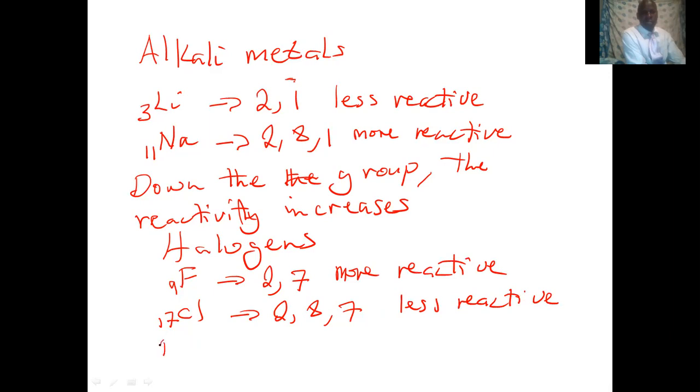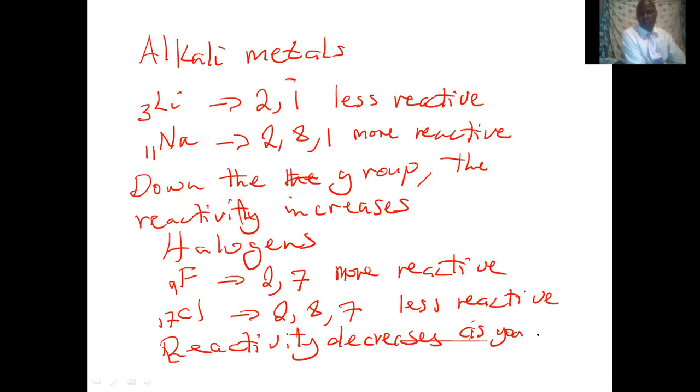So reactivity in halogens decreases as you go down the group.